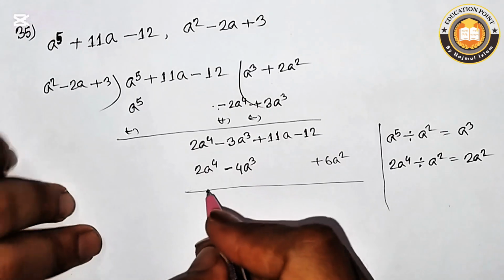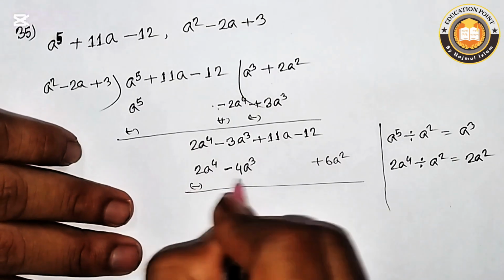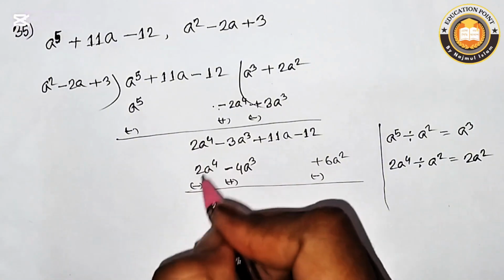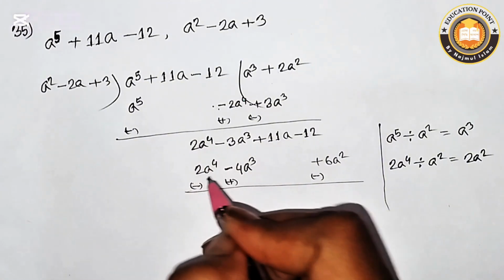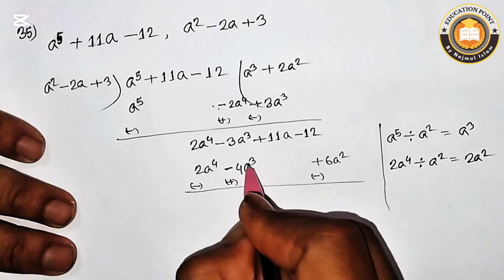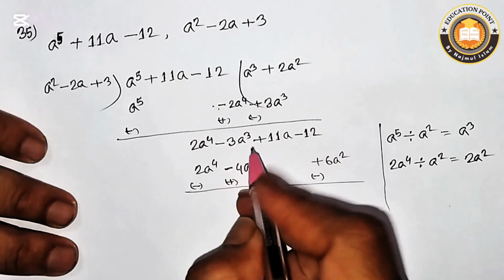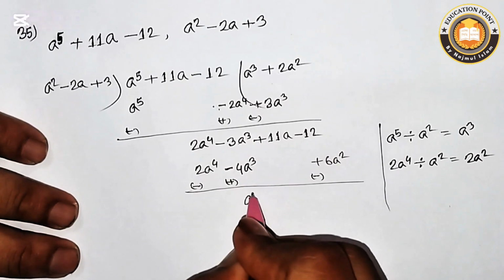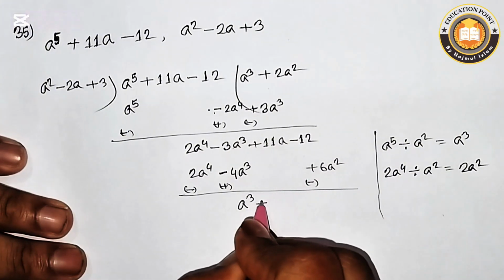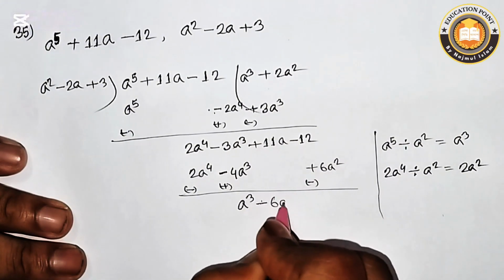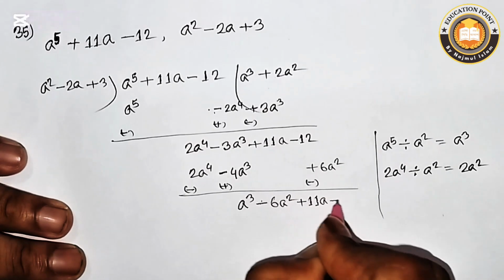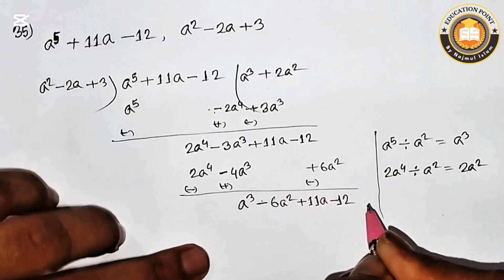According to the division law, their sign will be changed. Plus 2a to the power 4 minus 2a to the power 4 equals 0. Subtracted value of plus 4a cube and minus 3a cube equals plus a cube. Then we can write minus 6a square plus 11a minus 12.